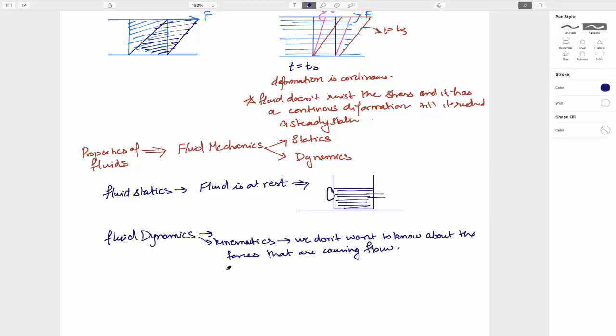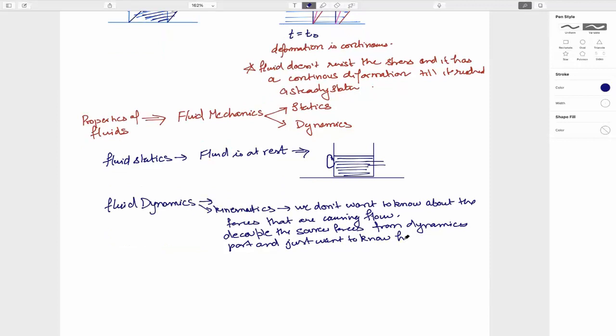We decouple the forces from the dynamics part and just want to know how the fluid is flowing.